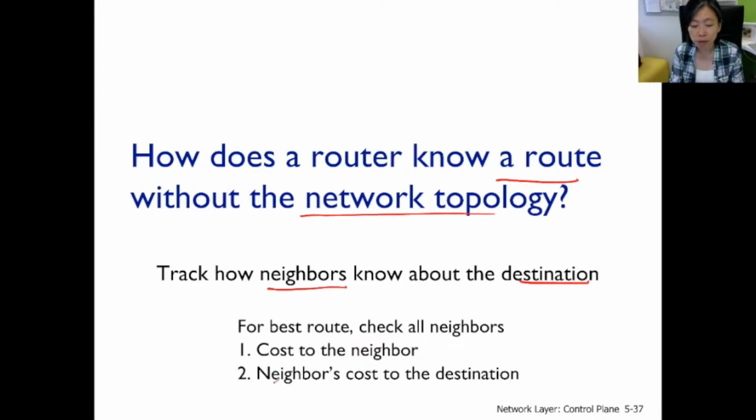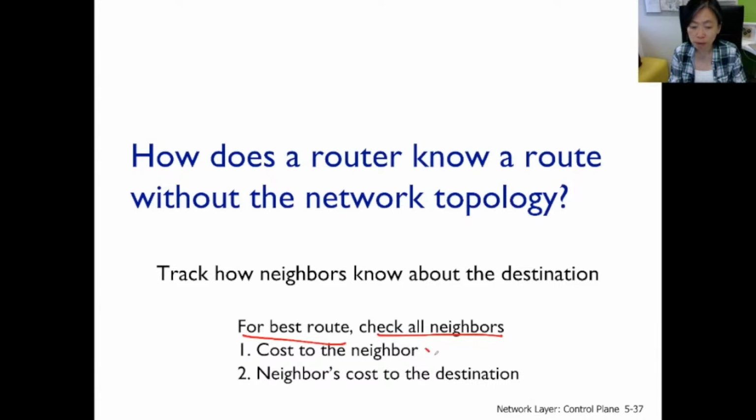Now you know the neighbor's cost to the destination, and you know the cost for you to reach each of your neighbors. So that be X, and the cost from the neighbor to destination Y. You can calculate the sum of X and Y. If the value here is not infinity, you've discovered a route to the destination. But in order to discover the route that is the best to the destination, you will need to check through all neighbors.